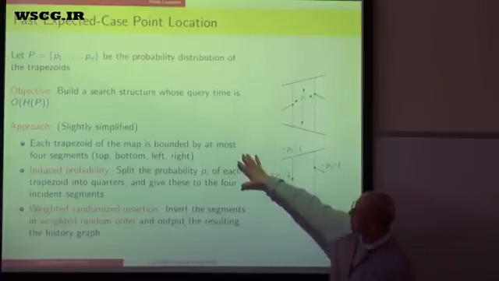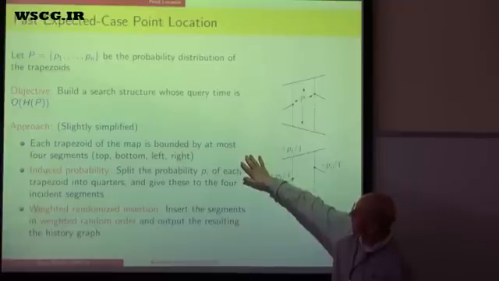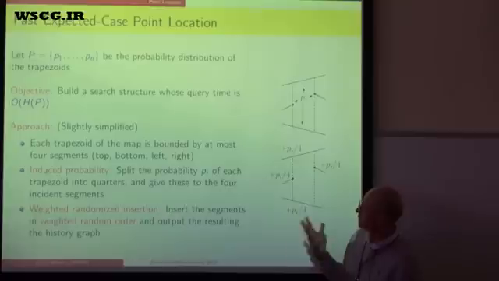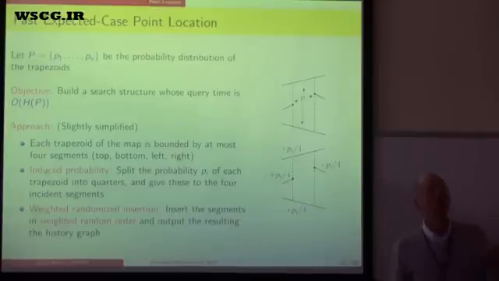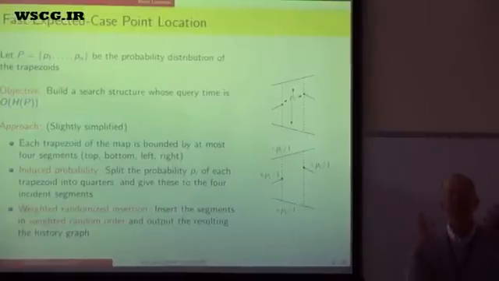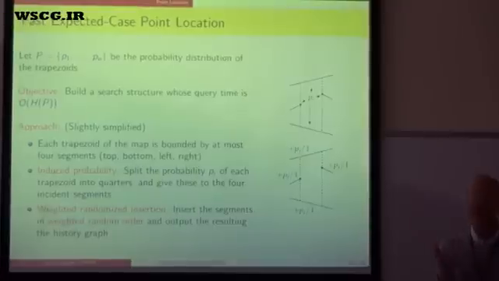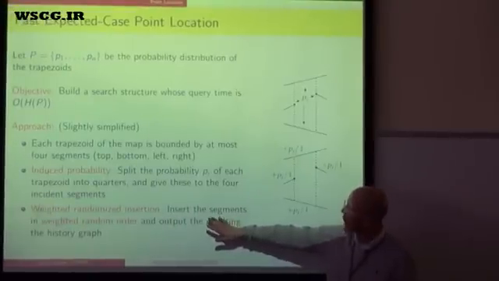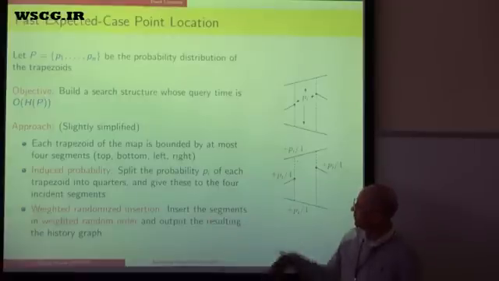So every trapezoid is bounded by four segments, and every trapezoid is going to split its probability amongst the bounding segments. And now observe that segments that have high weight are going to be those segments that are incident to trapezoids that have high probability. They will be inserted first into the process, assuming I use a weighted randomized insertion algorithm. I'm going to insert the segments, but now in weighted random order.